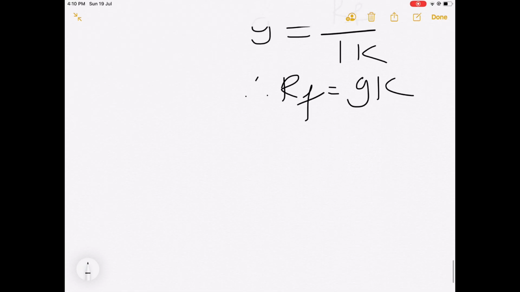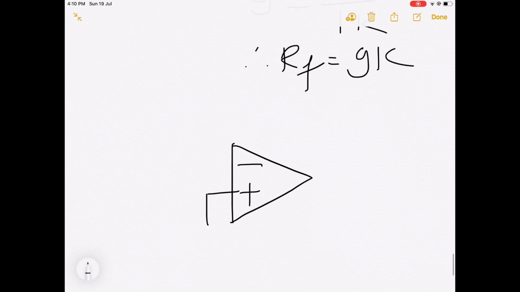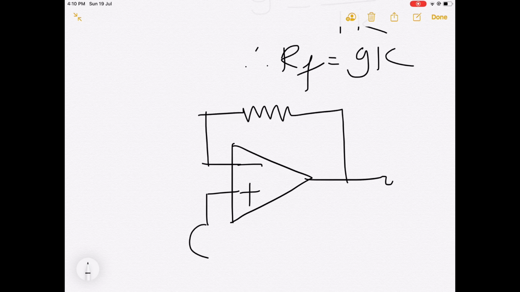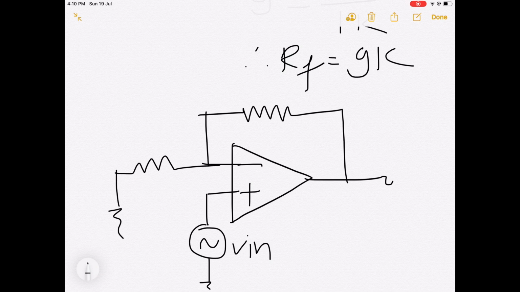In designing, always first draw the circuit diagram and apply the resistor values whatever you have calculated. So, input should be applied at the non-inverting terminal as Vin, and your R1 and RF are at the inverting terminal, keep it in mind. So, this is 9K and this is 1K. This is the designing of your non-inverting amplifier.